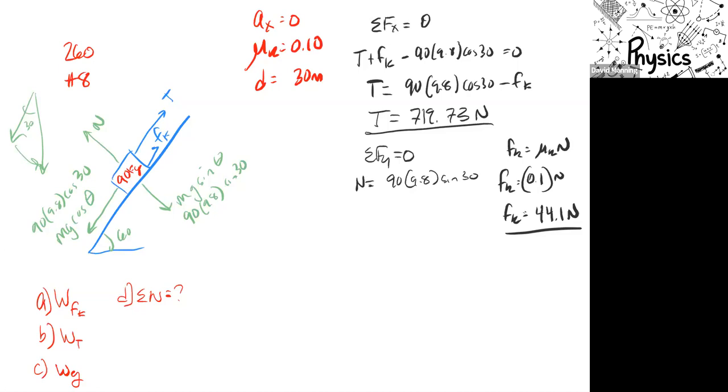So the work done by Fk is 44.1 times 30.